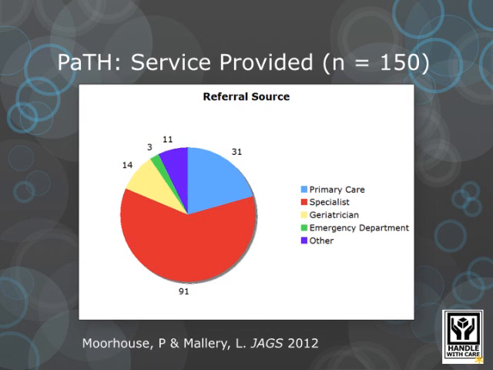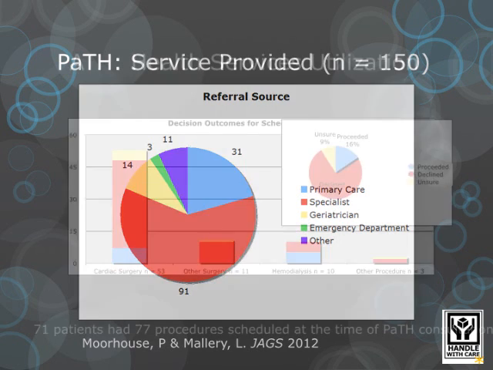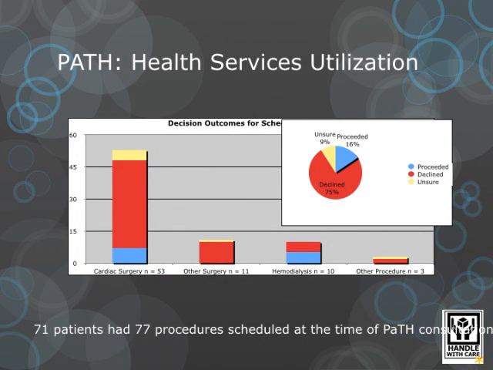And looking at the outcomes, here they have 71 patients who came into the PATH program, and those 71 patients had 77 procedures that were already scheduled. So clearly some people had more than one. And they went through this process to learn about their health situation, what their prognosis was, and what the risks were of many adverse events that faced frail older people.